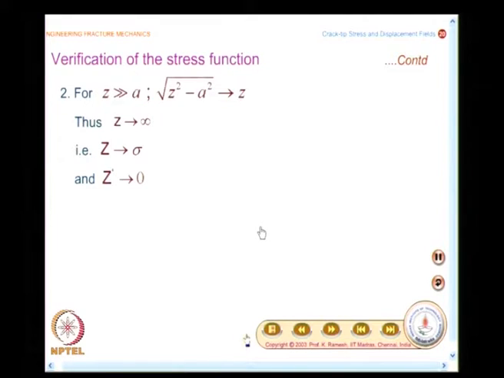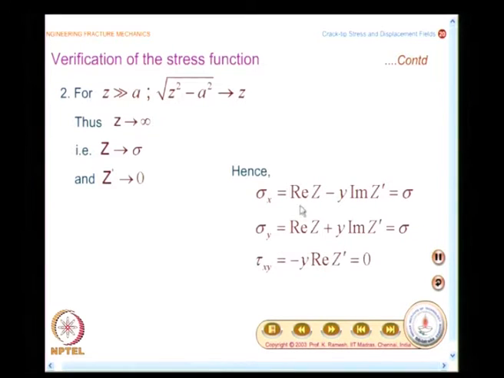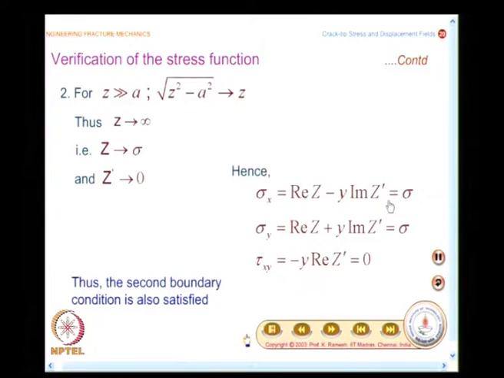So, when you look at this, the expression for sigma x is given as real part of capital Z minus y imaginary part of capital Z prime, that goes to sigma, and there is only a small sign change in the second term. Sigma y also becomes sigma. So, this you will have to keep in mind, you should never forget this. This step clearly brings out that Westergaard's solution is indeed for a central crack in a biaxial tension specimen.